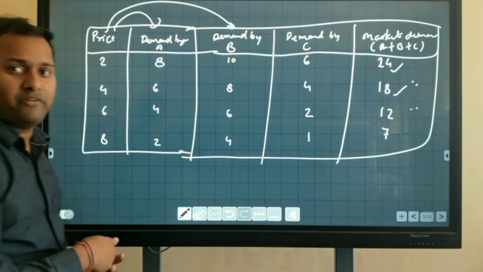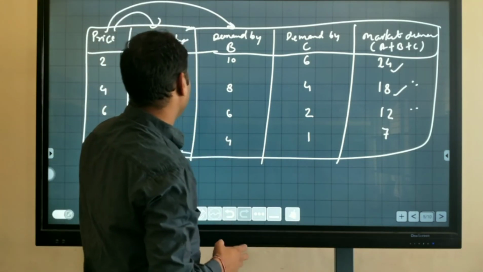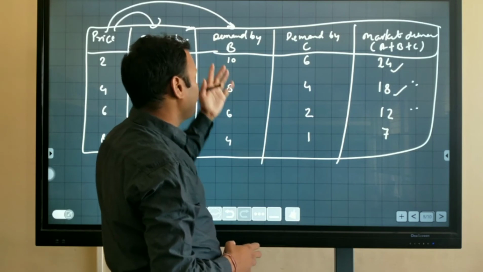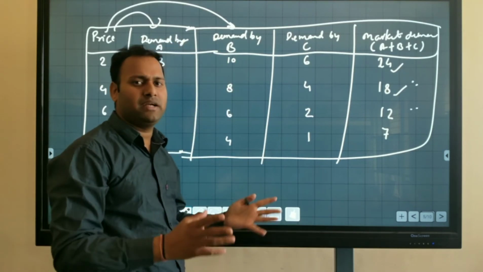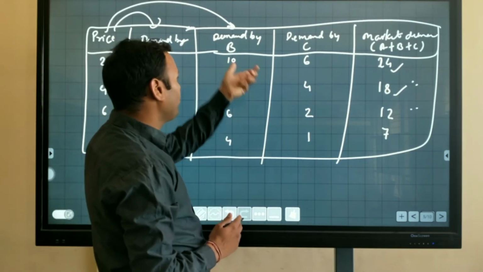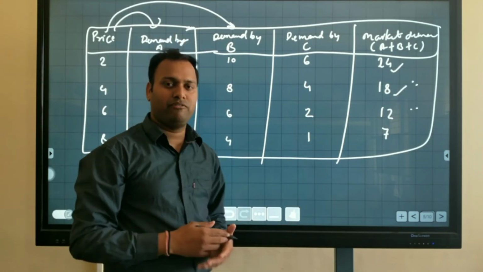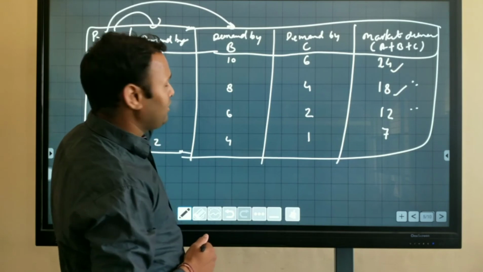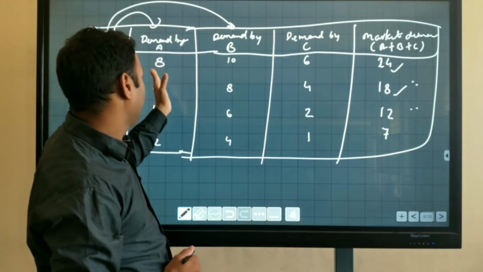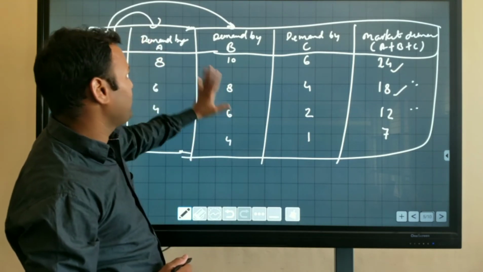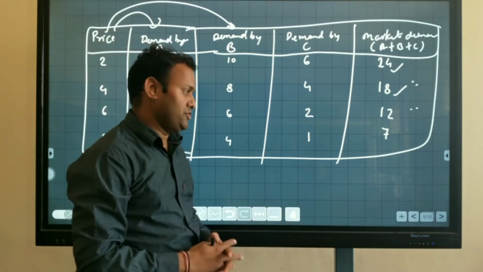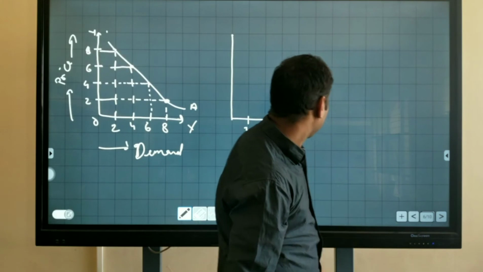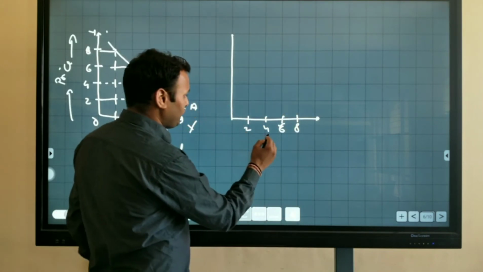Why will it differ? Maybe the income of consumer A is more than consumer B, or B has more income than consumer A. Anything can happen, or we need more because there are more families in his house. So there are so many factors that, the price being the same, the demand by a consumer will change. Now here the price is 2, 4, 6, 8.